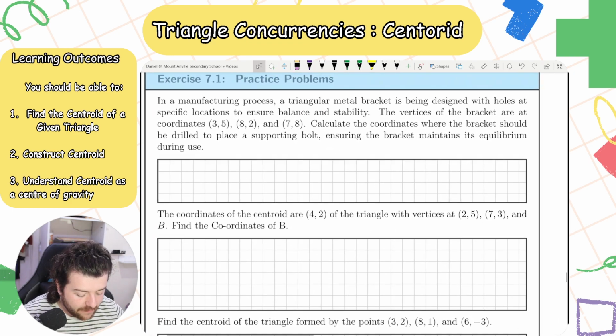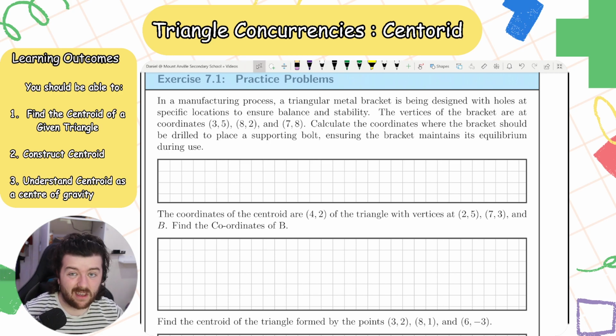In a manufacturing process, a triangular metal bracket is being designed with holes at specific locations to ensure balance and stability. The vertices of the bracket are the coordinates (3, 5), (8, 2), and (7, 8). Calculate the coordinates where the bracket should be drilled to place a supporting bolt, ensuring the bracket maintains its equilibrium during use.